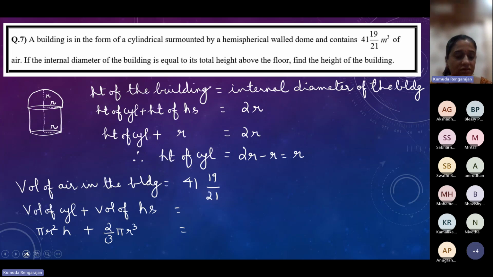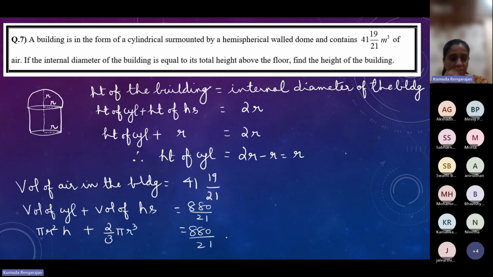So what is this as an improper fraction? Tell me the improper fraction. 880 by 21. Very good. So it is equal to 880 by 21.